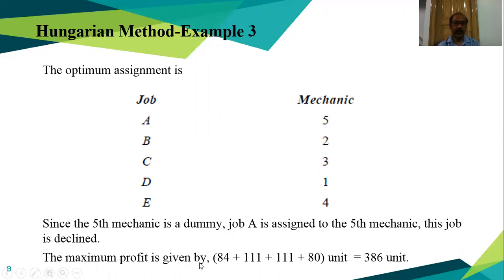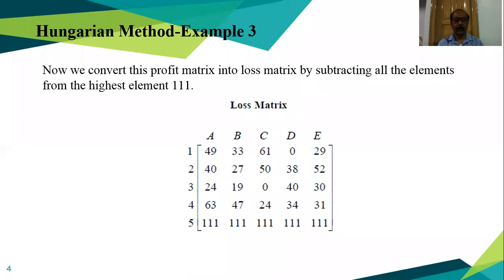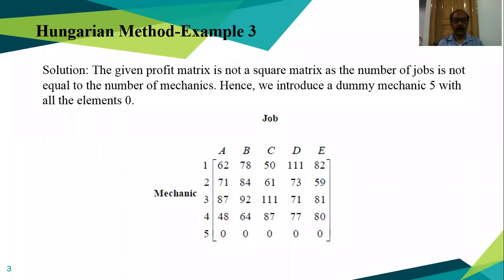The maximum profit is given by the following. When we are finding the profit, we have to consider the first profit matrix. See, that is the 211.